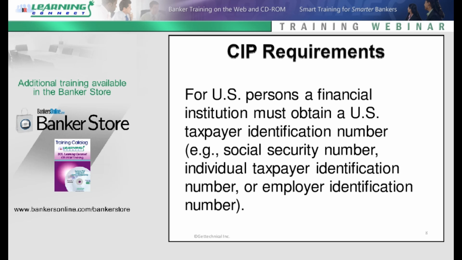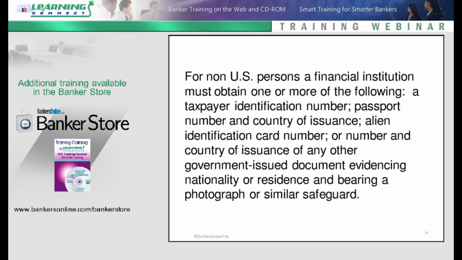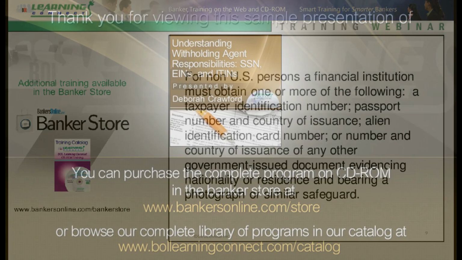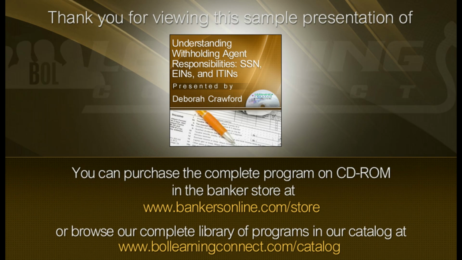So again, remember that CIP does not say we have to have a tax ID number on our non-resident aliens. It actually allows us to use other numbers, but I have heard repeatedly, and I'm not saying it's right or wrong, that a lot of people now require tax ID numbers on their non-resident aliens on interest-bearing accounts, or they put them in a DDA account that's not interest-bearing.